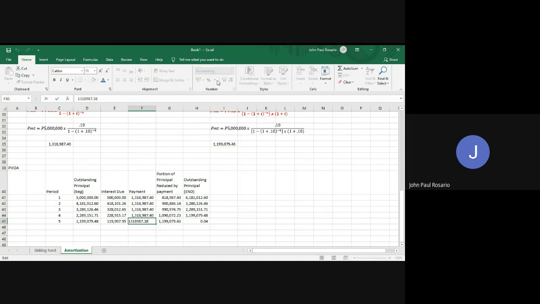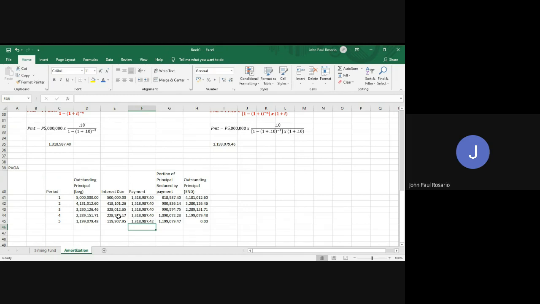Okay, 42. Now, guys, before we continue, as you can see, in amortization, our payment is constant, and our outstanding principal is decreasing, but our interest due is decreasing as well.